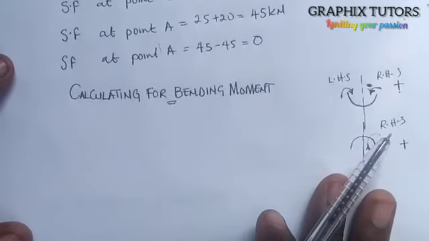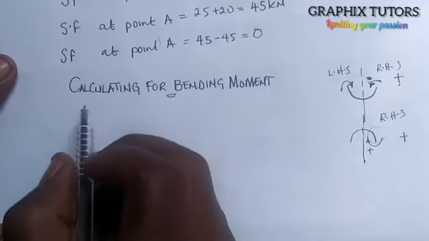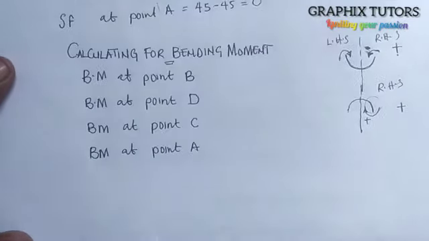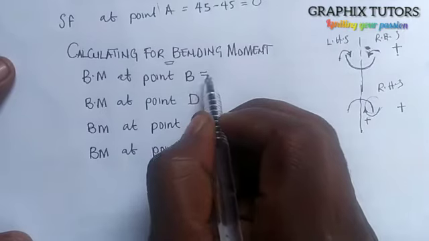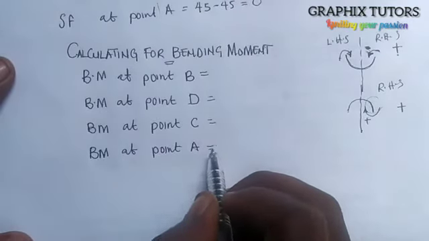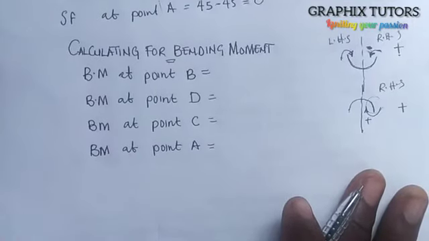So bending moment at, so I will only take those points, but I will not repeat them, right? So we'll look for bending moment at B, at D, at C, and what? And at A. So let's see how that goes.